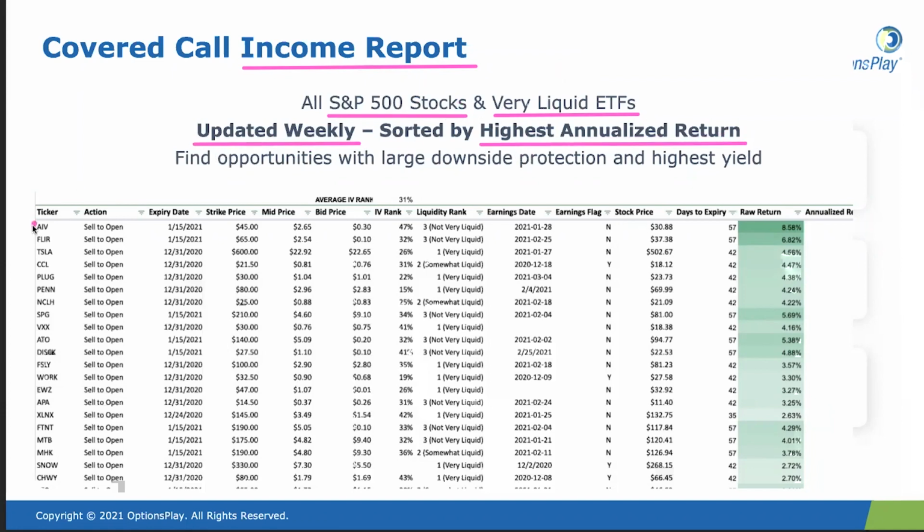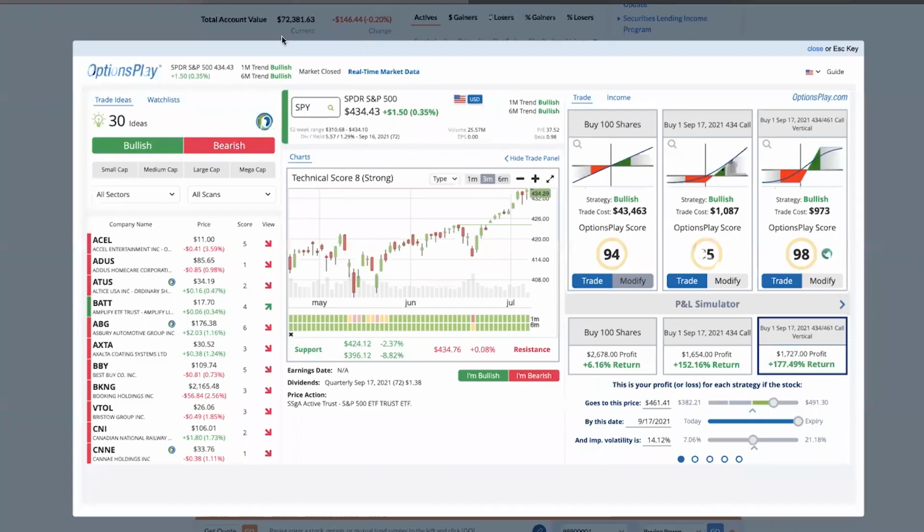And what we do is we provide you with the symbol. We also provide you with the expiration date, the specific strike price, how much premium you're collecting, what the annualized return is, what the raw return is, and everything that you need in order to understand how to utilize this strategy. So here is the live report.